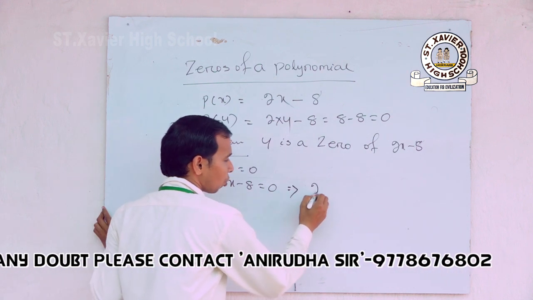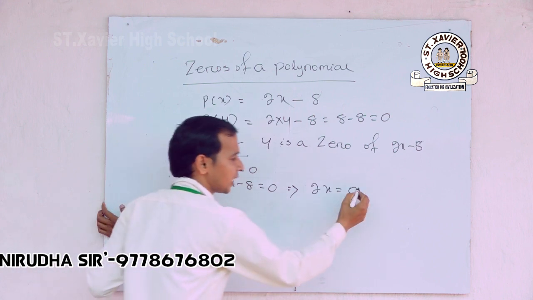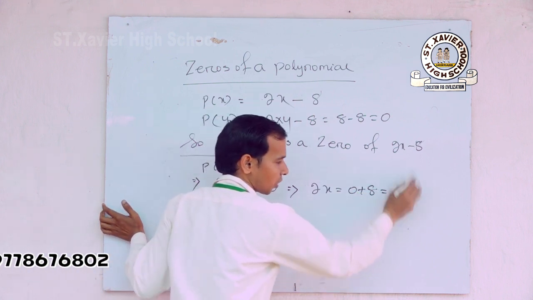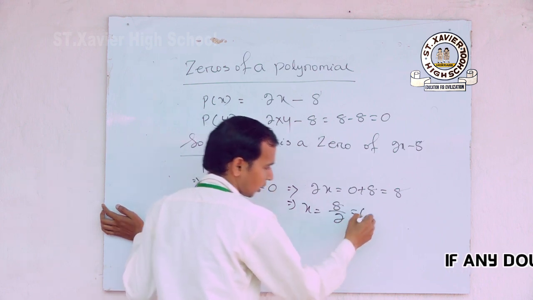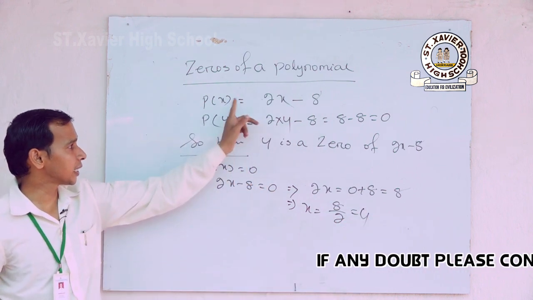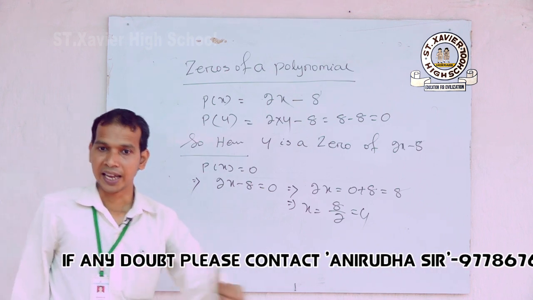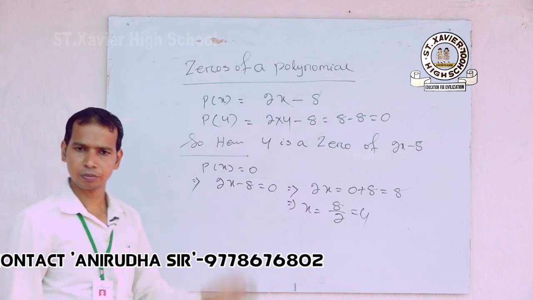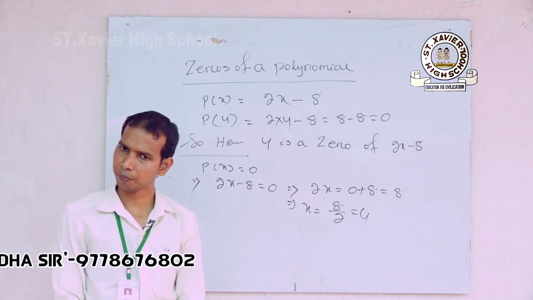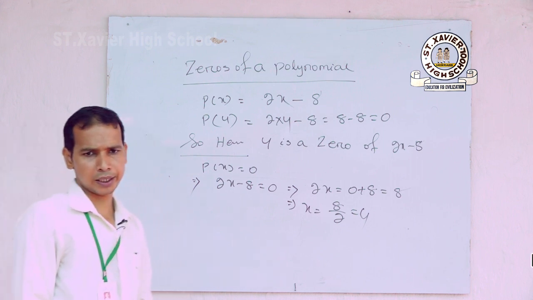Now 2x equal to 0 plus 8, moving 8 to the right side changes to plus 8, which is equal to 8. Now x equal to 8 by 2, you get 4. As it is a linear polynomial, you get number of zeros 1. Except 4, there is no zero for this polynomial. Confirm?